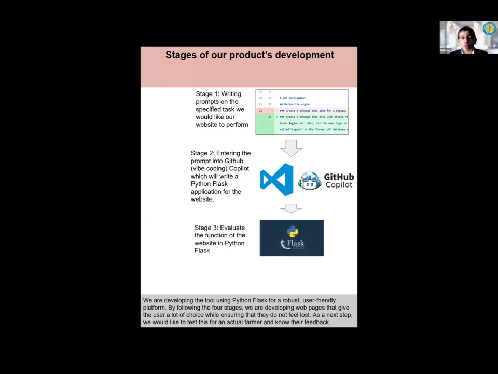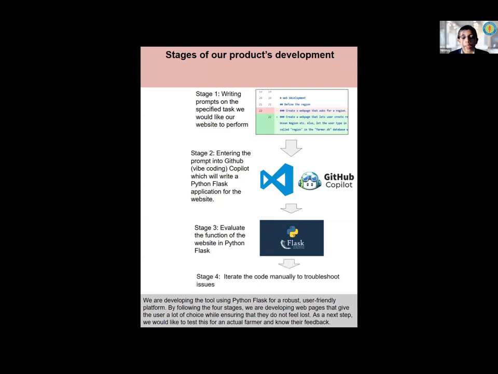The third step is to evaluate the function of what GitHub Copilot has done in Flask, which is a web development tool that is linked to Python. Python allows the functions to take place.